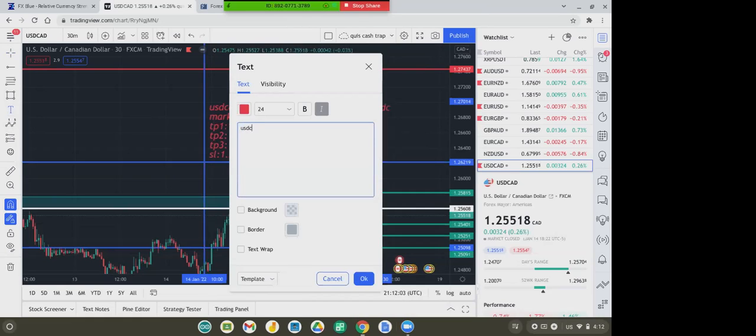Let me say USD, CAD, sell, limit, entry, 1.25608, TP, 1.25518, TP2, 1.25401, TP3, 1.25251.